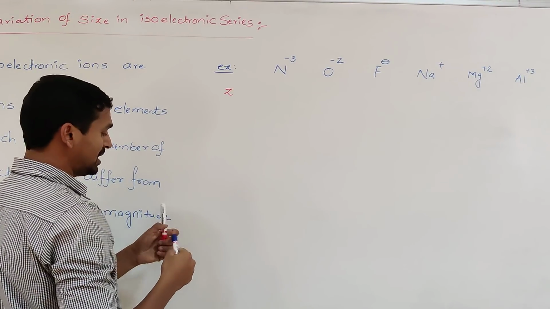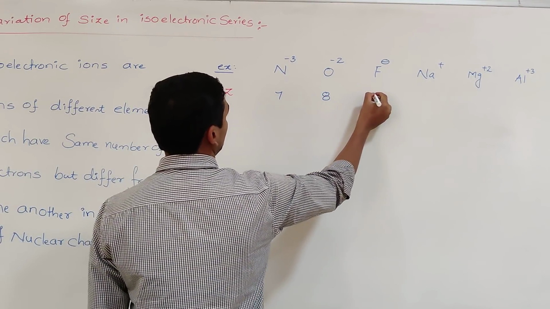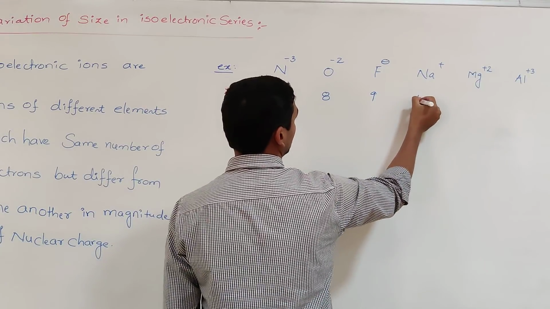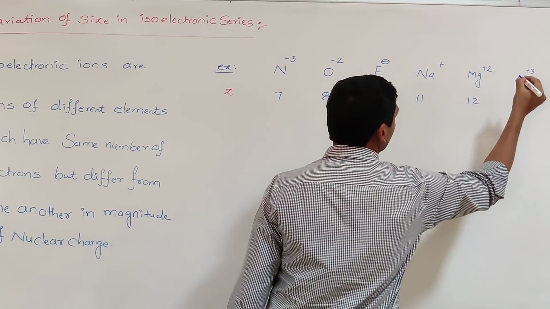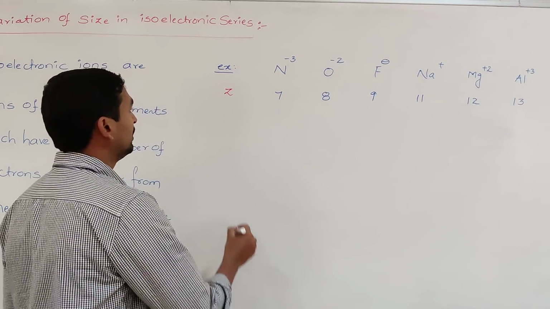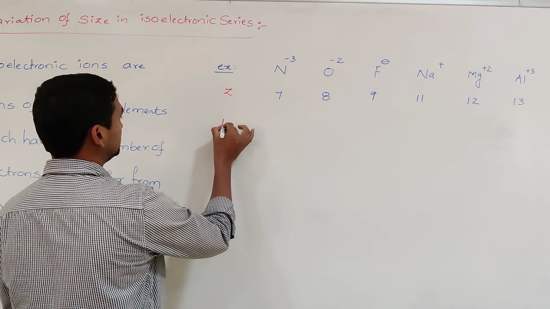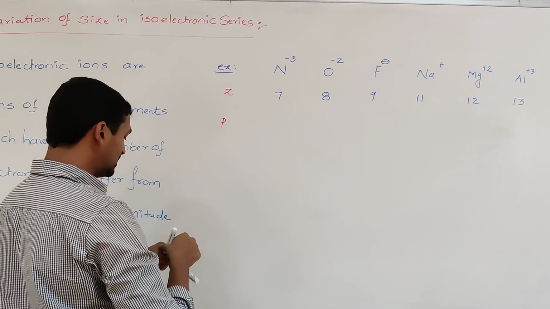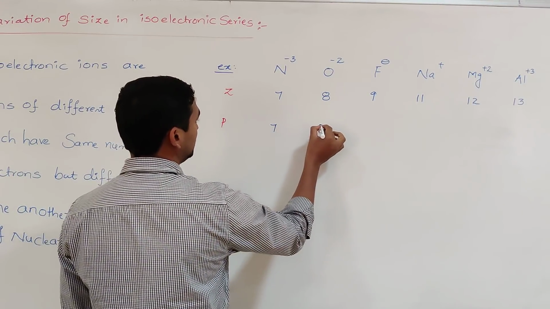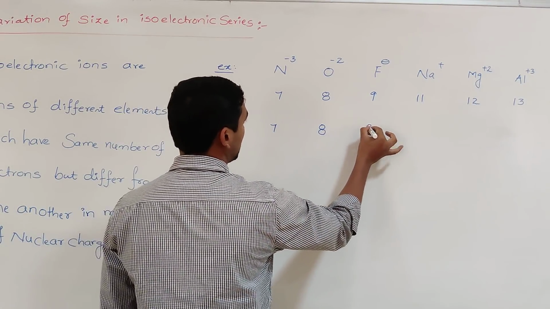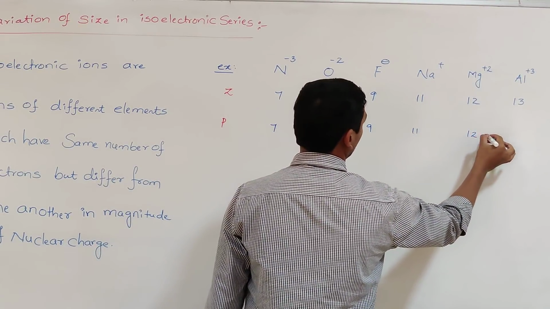In the case of nitrogen it is 7, oxygen 8, fluorine 9, sodium 11, magnesium 12, aluminium 13. So the positive charge, that is protons, differ from one atom to another. Here 7, 8, 9, 11, 12, 13.